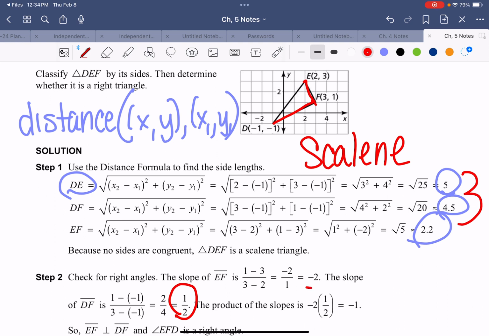EF is -2, DF is 1/2, and when we multiply them together, we get -1. So yes, these slopes are opposite reciprocals. The other way you could have done it, remember, is finger counting: the slope is rise 2 over 1, 2, 3, then count up and then count down.